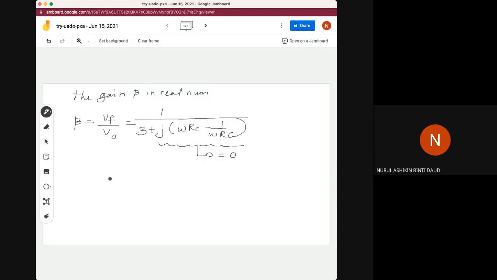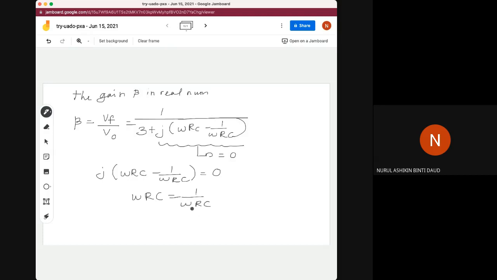So it means that j omega RC minus 1 over omega RC equals 0. Since this is equal to 0, omega RC equals 1 over omega RC.